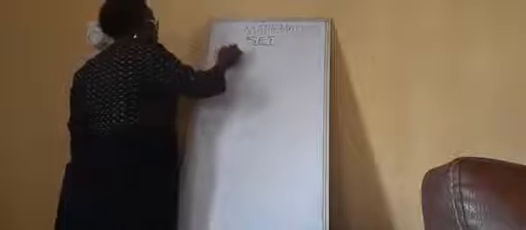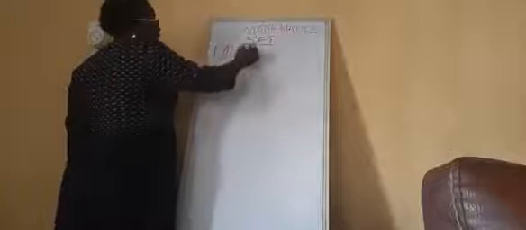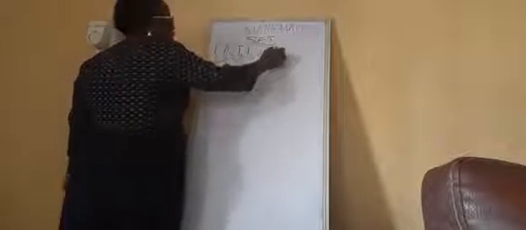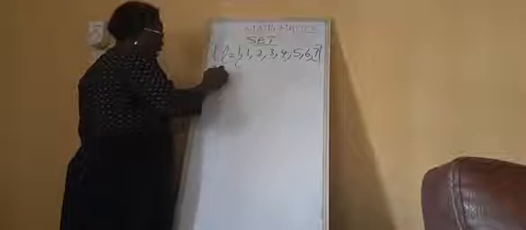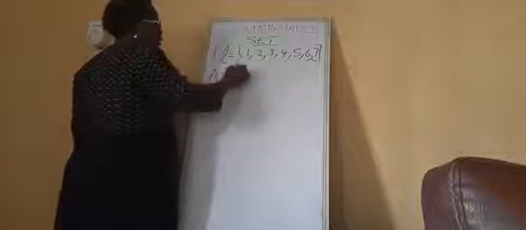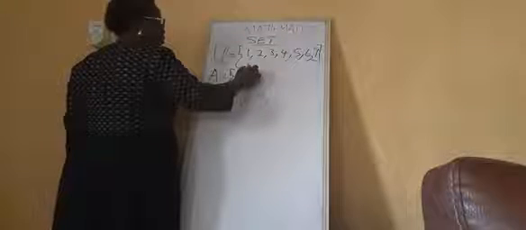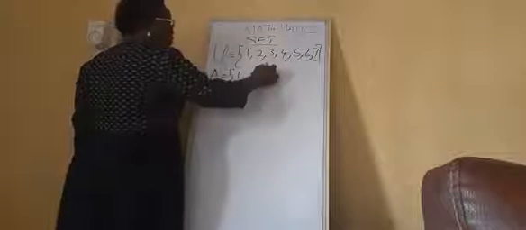You are given a universal set to be 1, 2, 3, 4, 5, 6, 7. And you are given the elements in another set A to be 1, 3, 5.